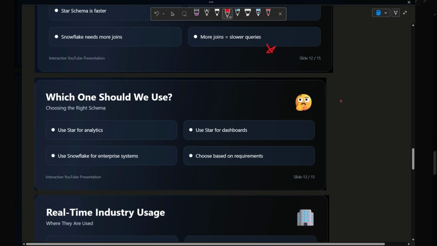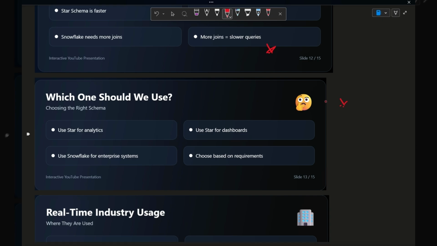The answer to this question, which one should we use, lies in what our requirements are. If we are using it for analytics purposes, we should use the star schema because we need faster querying. The user sitting on the dashboard cannot wait too long.